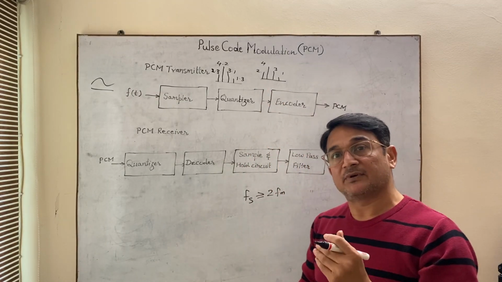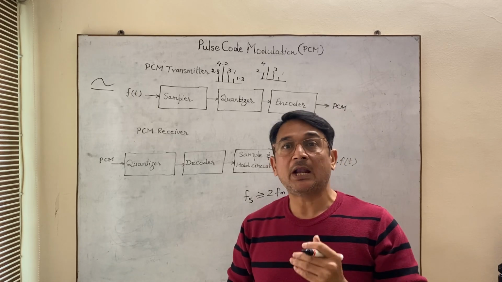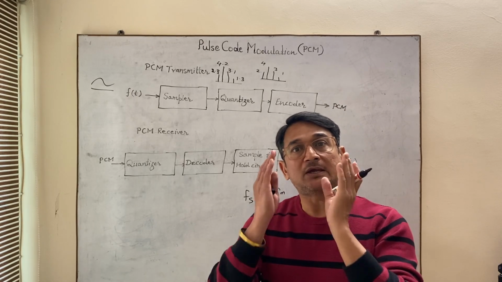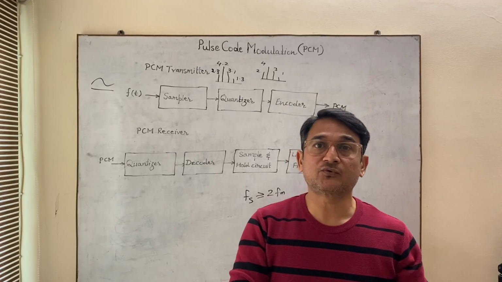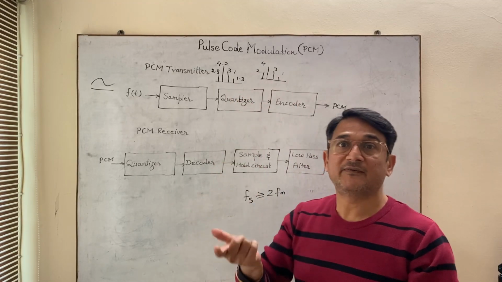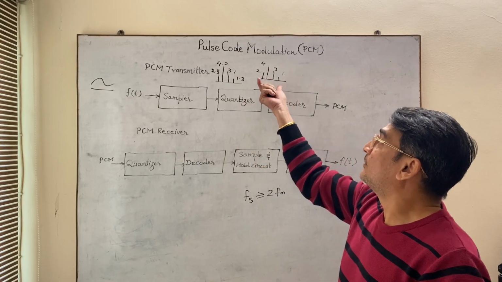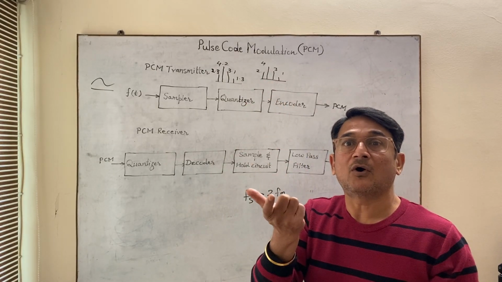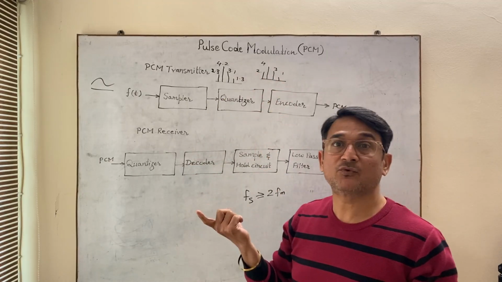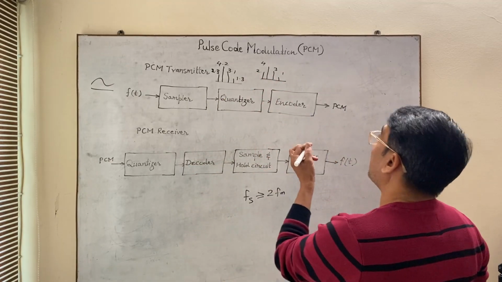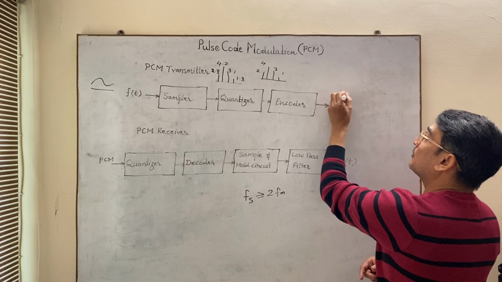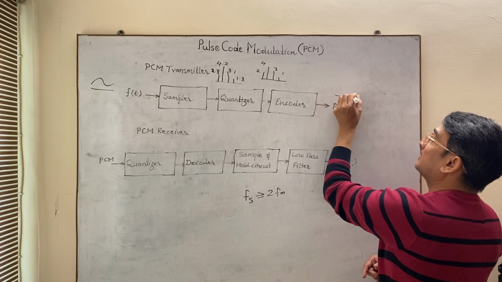So if the values of the samples are more than 7, then we have to represent all the samples with 4 binary bits. But in this case, we will be using 3 bits only, because the highest sample is 4, which can be described by only 3 binary bits. So the PCM output will be something like this.